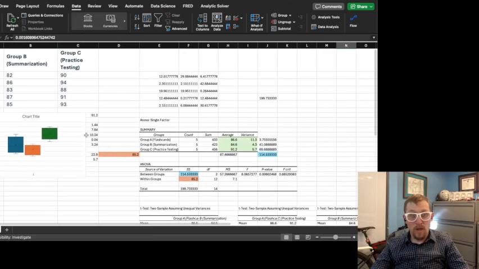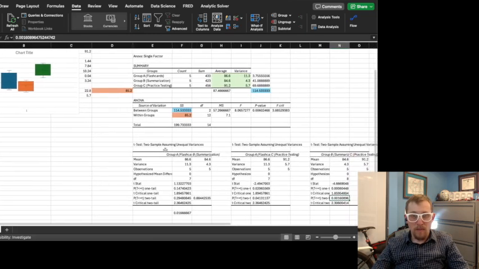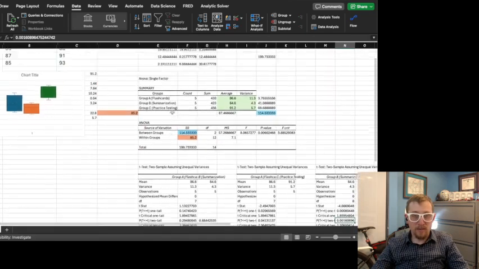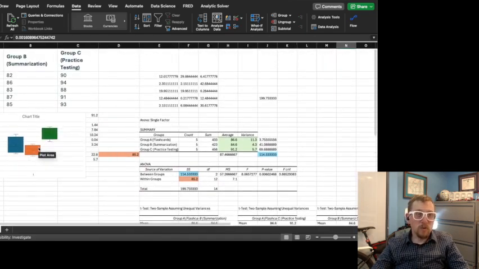And so that tells me I do have sufficient statistical evidence to say that there is a difference between the students that studied via practice testing versus the students that studied via summarization. And so my post hoc analysis tells me that there is a difference between these two groups, but there's not a difference between any of the other groups, not a difference between A and C or B and A.